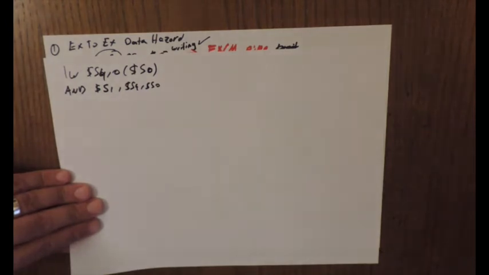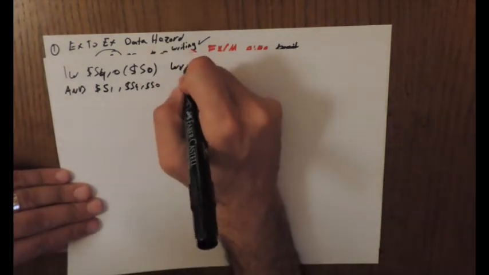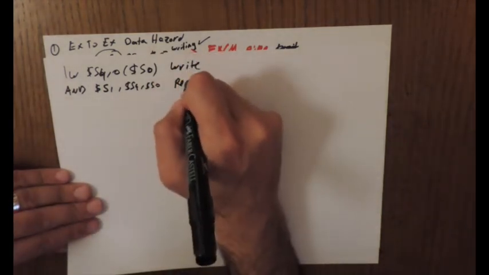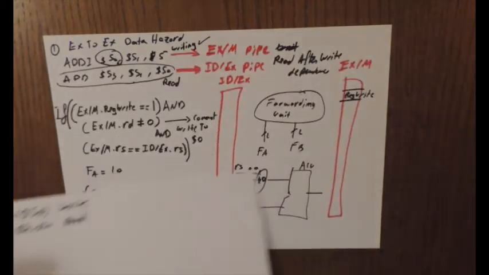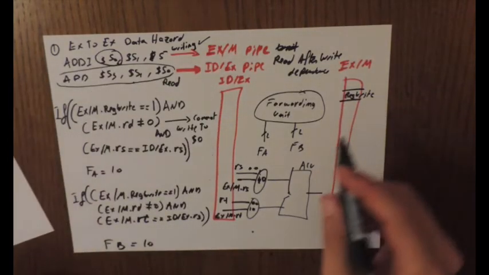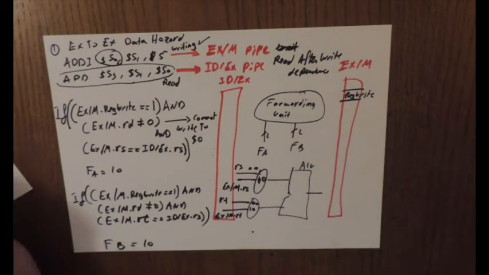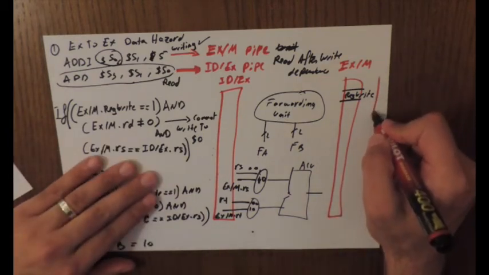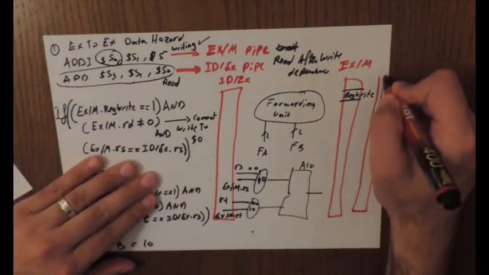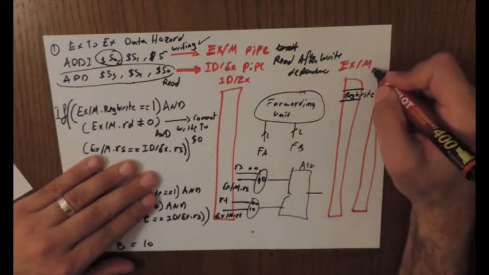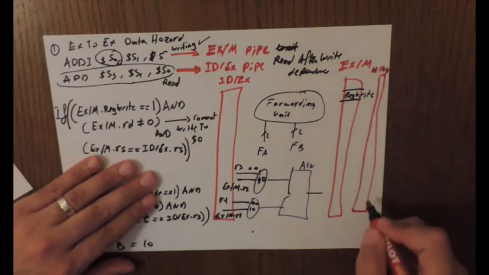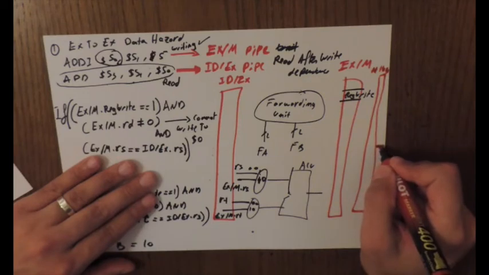So of course here we have a write and here we have a read. Now if we look at this, the data needs to come at a later stage, which is the memory. So this is the memory over write back. So the data should come from this guy here.